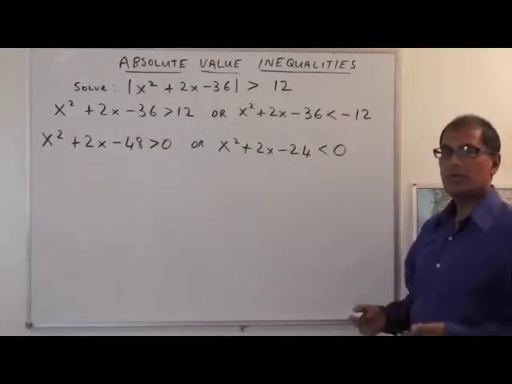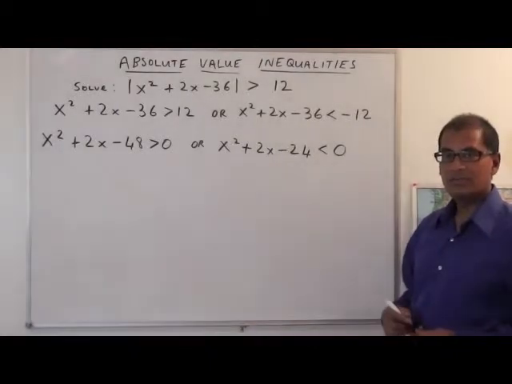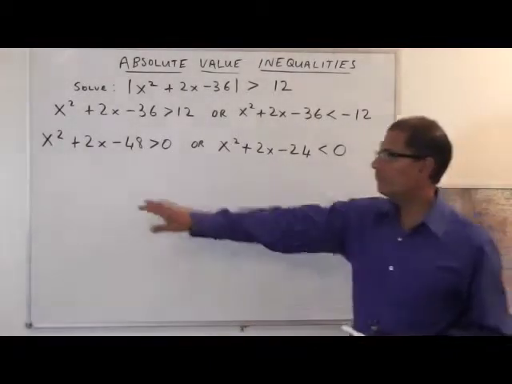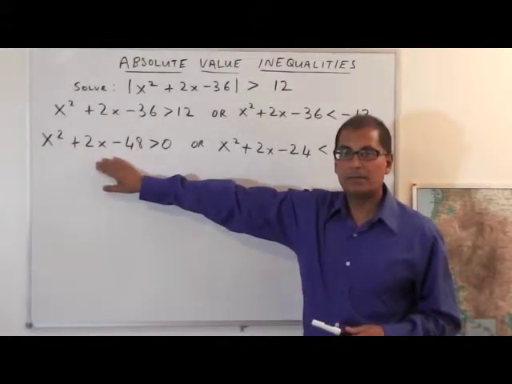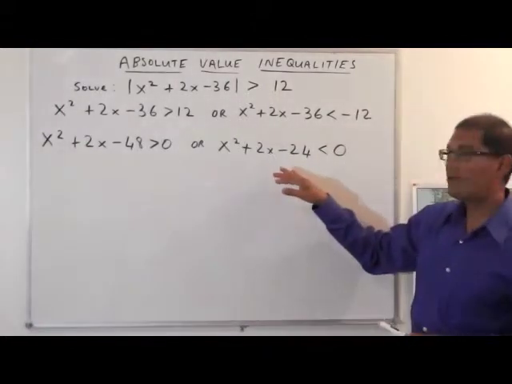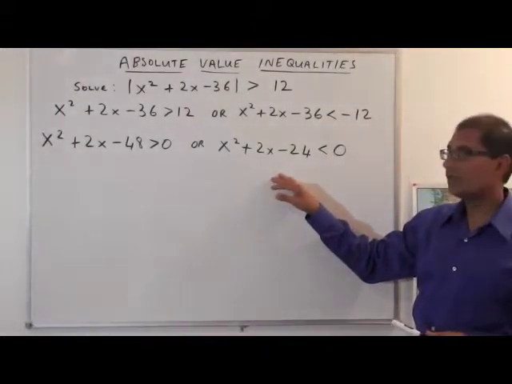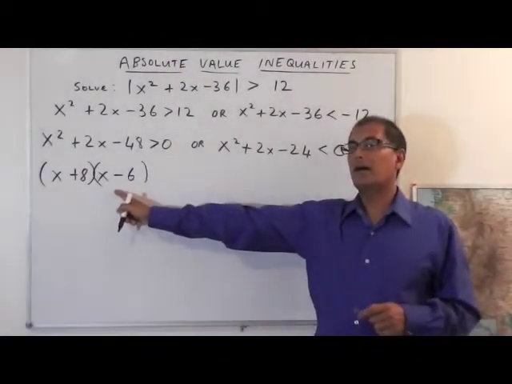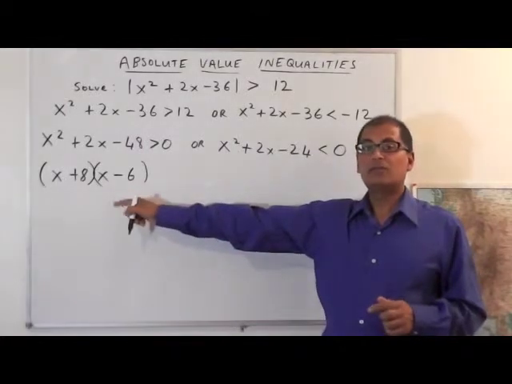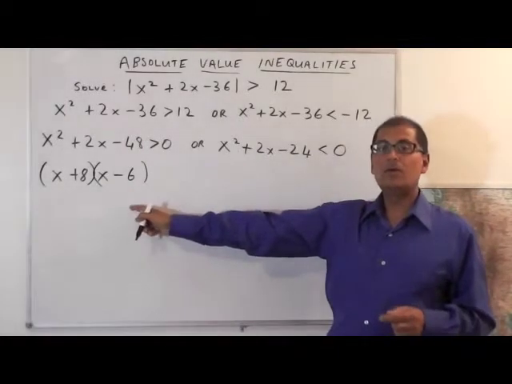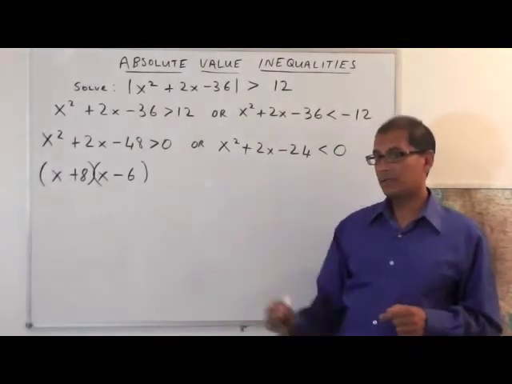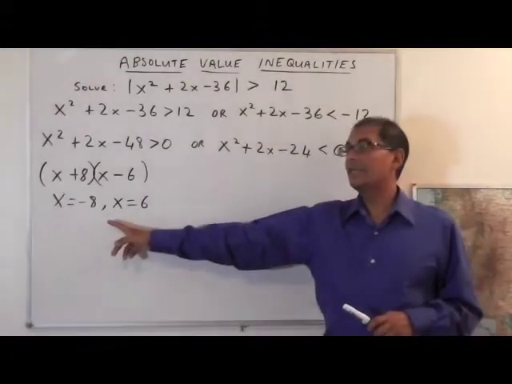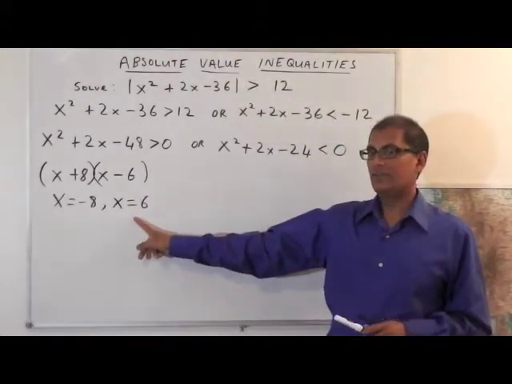So remember, in a quadratic inequality, first we have to find the roots of each of these, and so we can factor this quadratic expression here, and also we're going to factor this quadratic expression on this side. So this one factors to x plus 8 times x minus 6, and so we let each of these equal to 0, and so the roots of this one are x equals negative 8 and x equals 6.